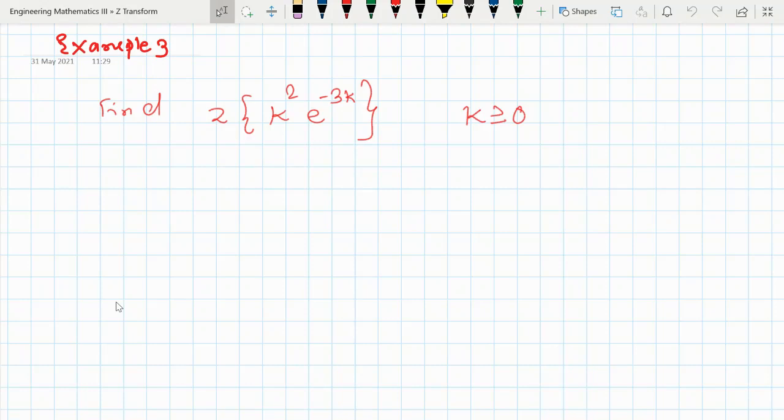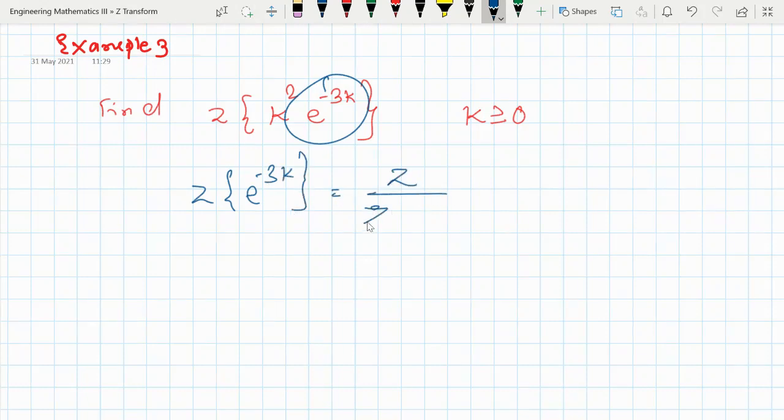The z transform of k square, the product of two terms. Okay, see, simply first of all just find out the z transform of e raised to minus 3k, which is equal to z upon z minus e raised to minus 3. Okay, and then apply the multiplication by k property.